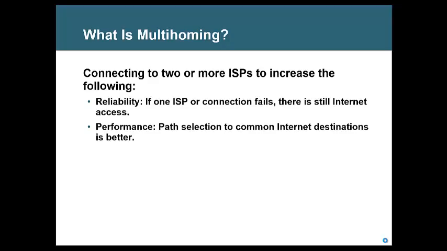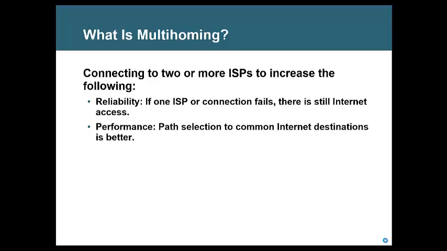Now, the advantage of having multi-homing is reliability and performance. If one of the connections to one of the ISPs is failing, the backup is there, the other path.